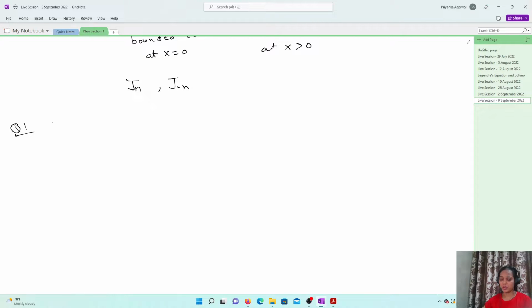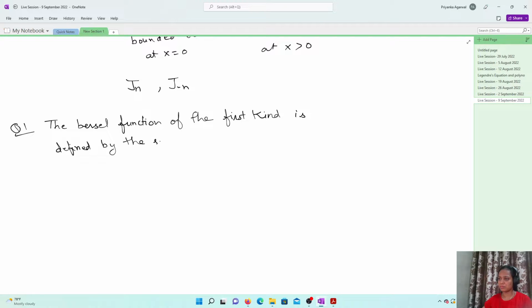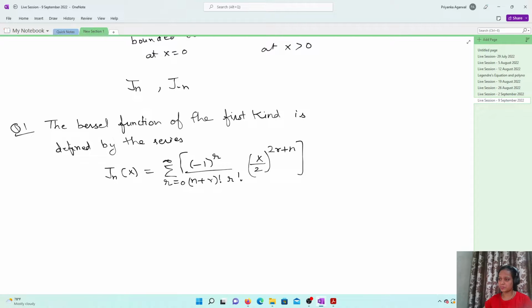Now, let's see a question where the Bessel function of the first kind is defined by the series J_n(x) equals summation r equals 0 to infinity (minus 1)^r over (n plus r)! r! times (x by 2) to the power (2r plus n). n is some integer.